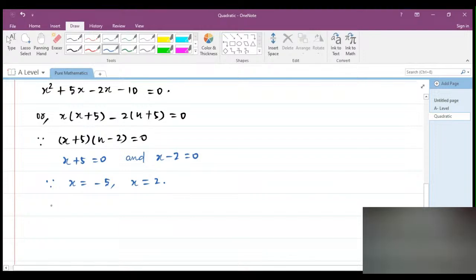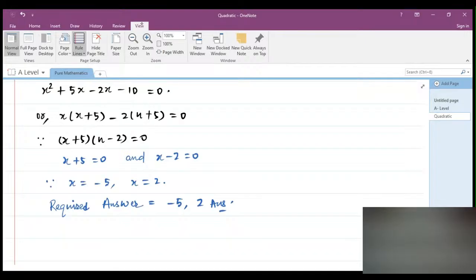So the required answer here will be minus 5 and 2. Hope that there is no problem to understand the solution of this question.